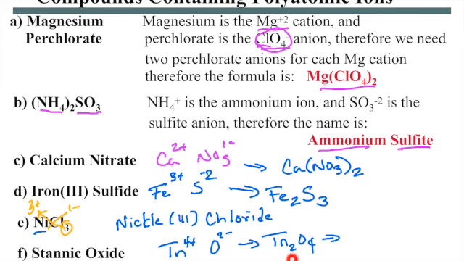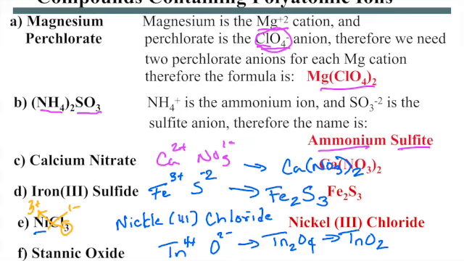Can this be reduced? In this case, it can be reduced, and so the answer would be SnO2. The last step in making ionic compounds is making sure that you can reduce this fully. And so we have nickel 3 chloride and stannic oxide.